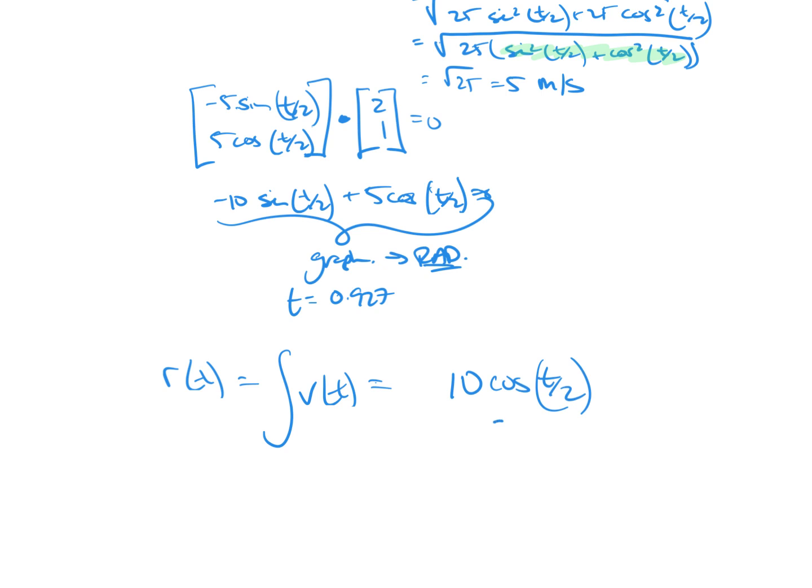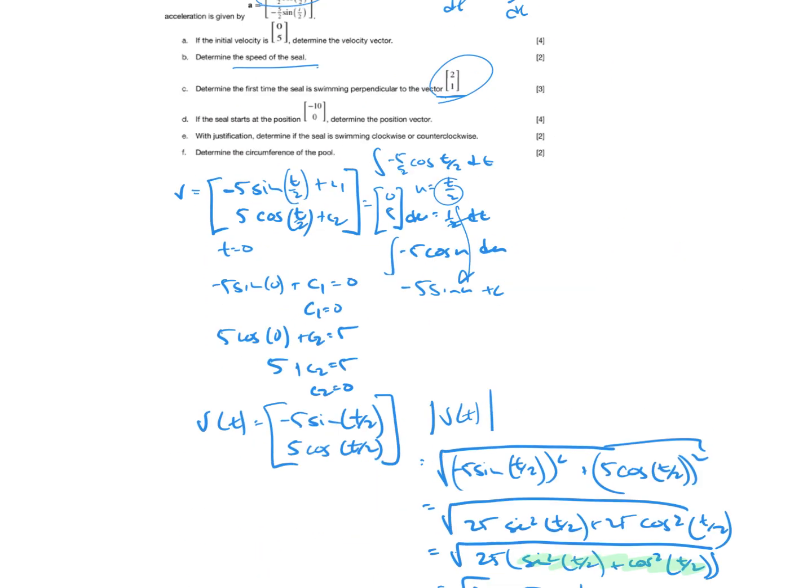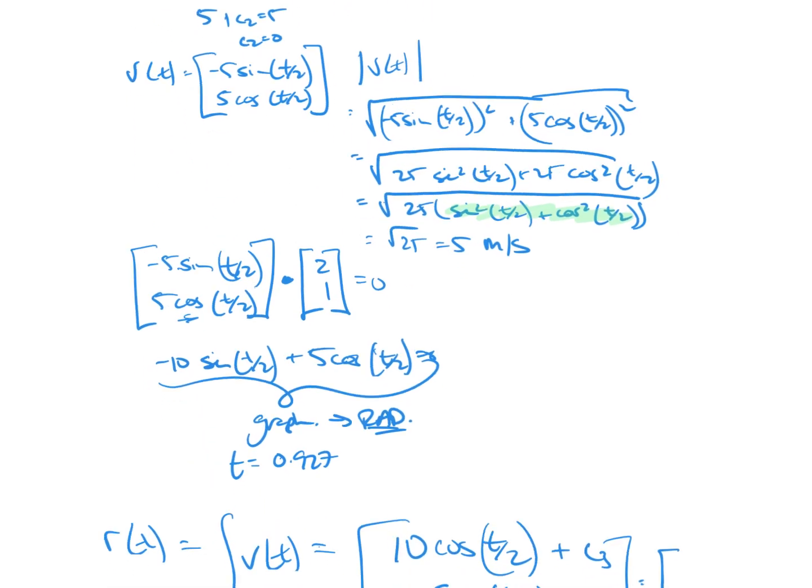And then similarly, this cosine will go to sine t over 2, and again, it's going to be times 10 plus C3, plus C4. And I'm told that it equals negative 10, 0.